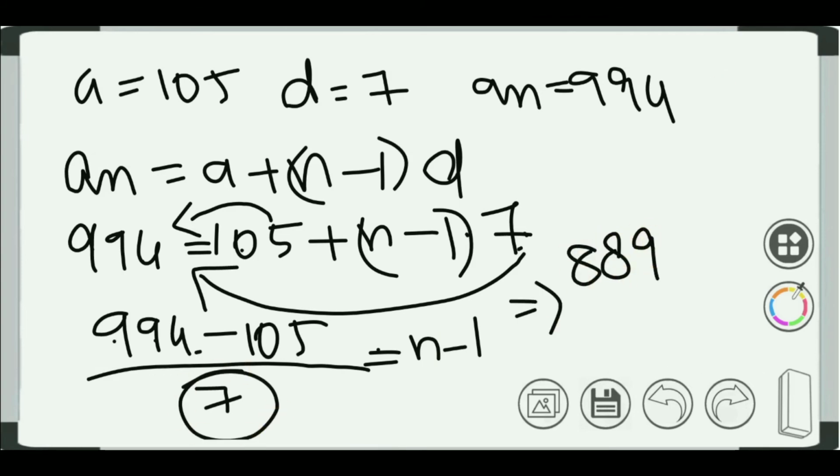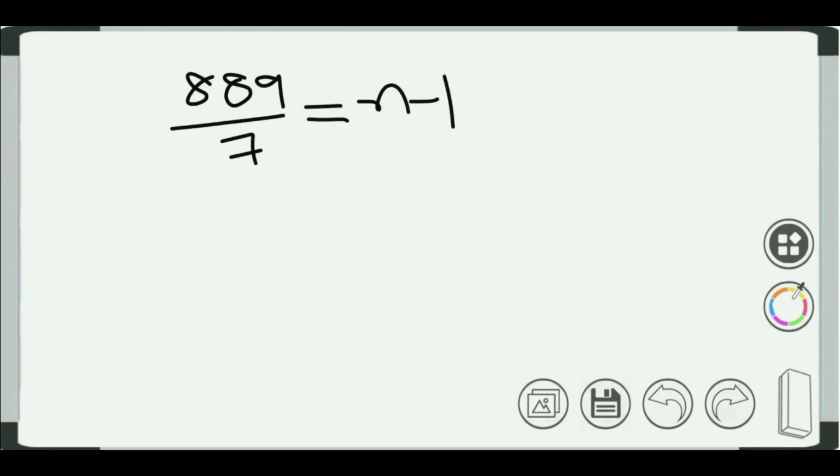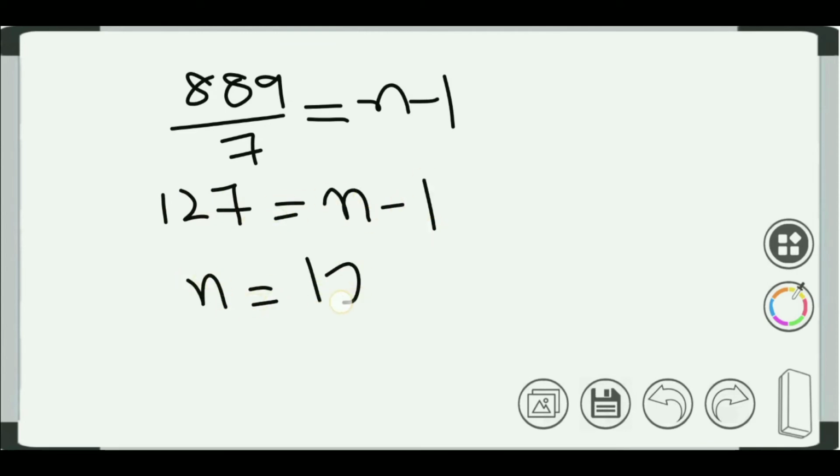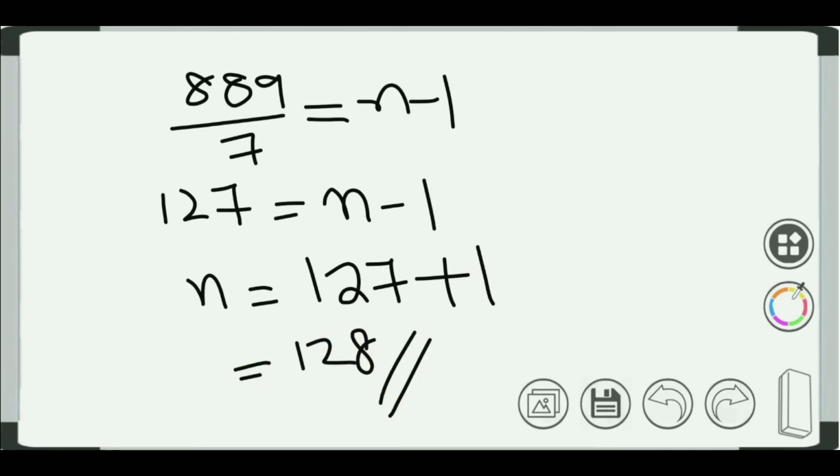So 889 divided by 7 is equal to N minus 1. 889 divided by 7 is 127, equal to N minus 1. Therefore, N is equal to 127 plus 1, 128. So this is your answer. You can conclude the answer. Therefore, 128 3-digit numbers are divisible by 7.